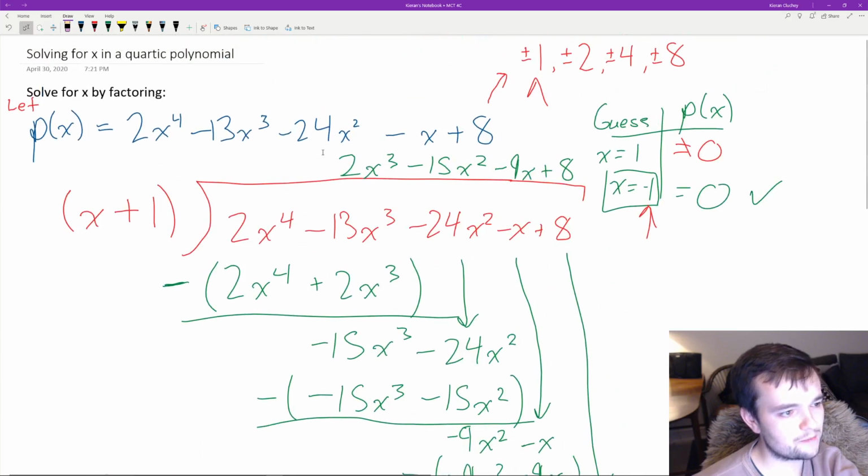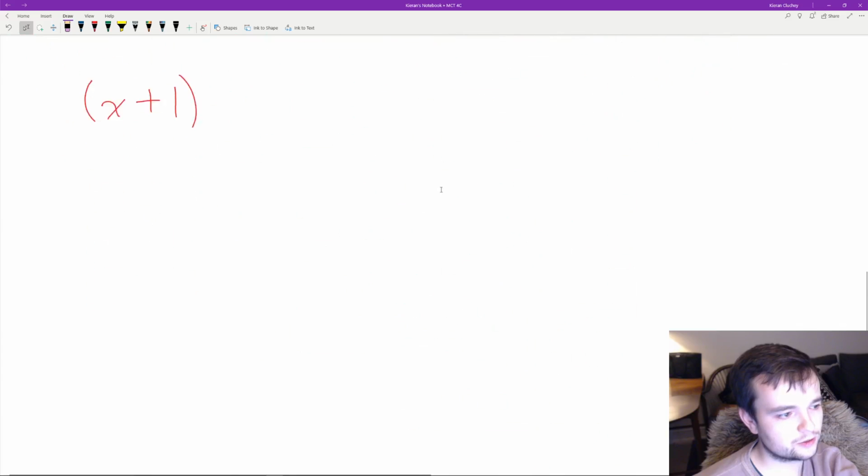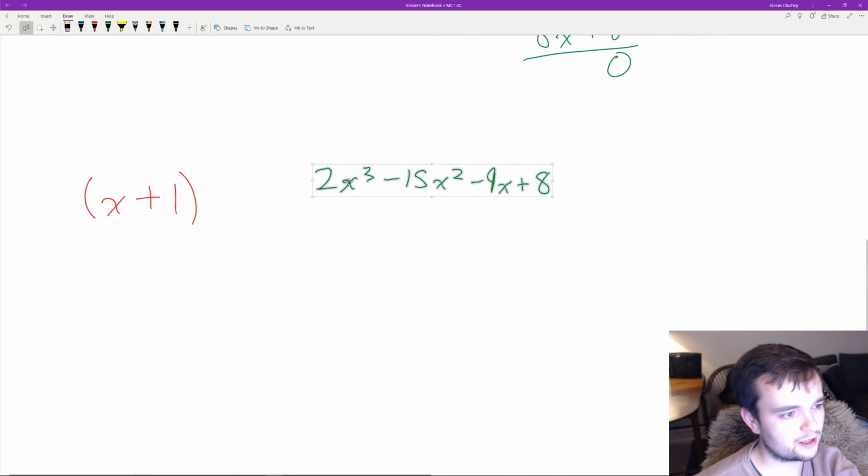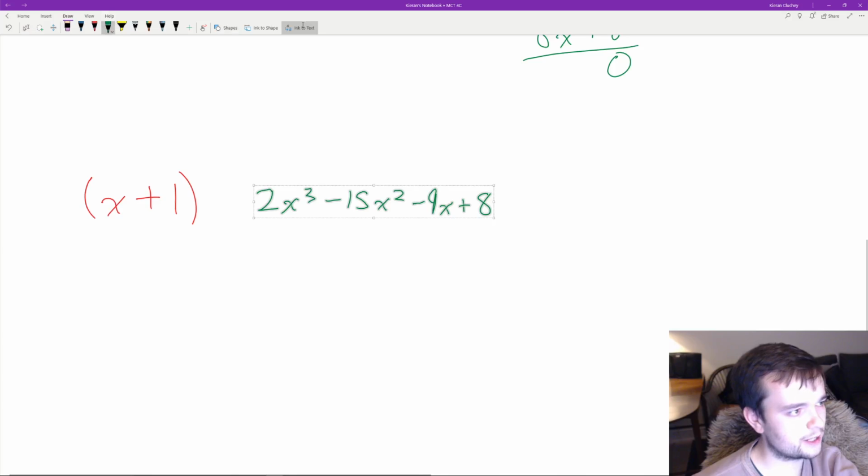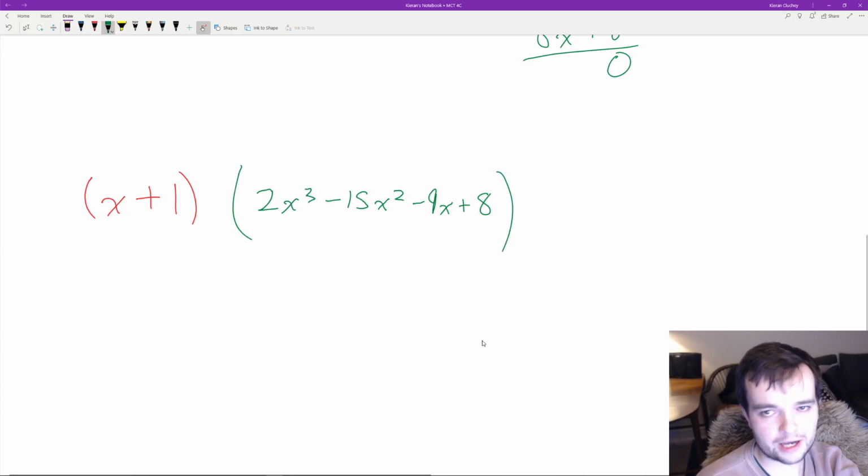So that big p of x at the beginning, it has now become two different polynomials. These are the polynomials. They are x plus 1 times 2x to the power of 3 minus 15x to the power of 2 minus 9x plus 8, okay?